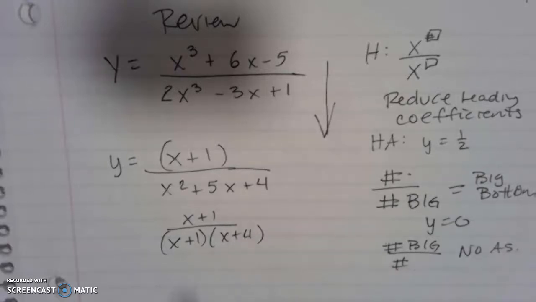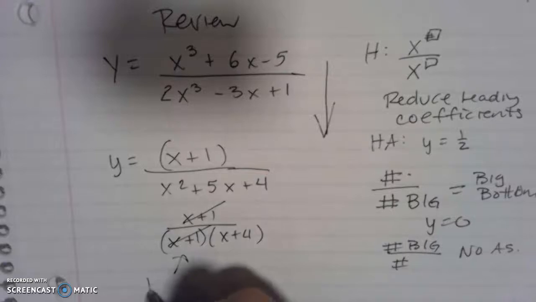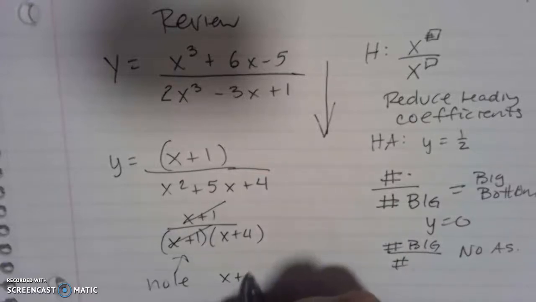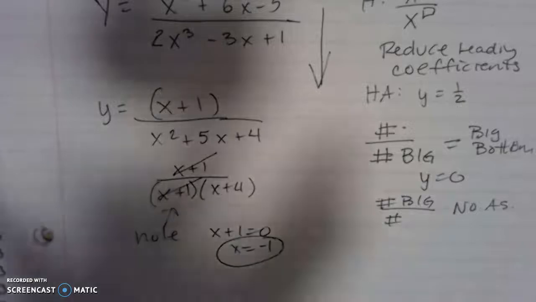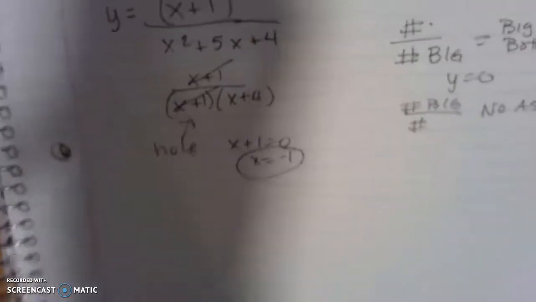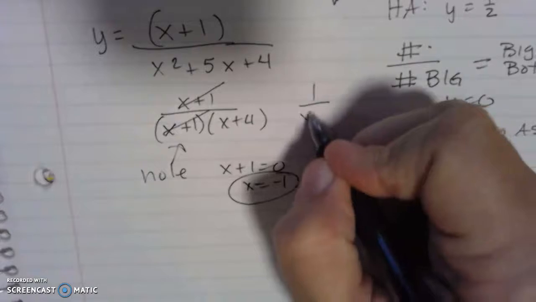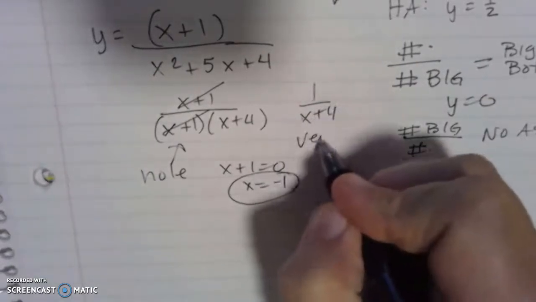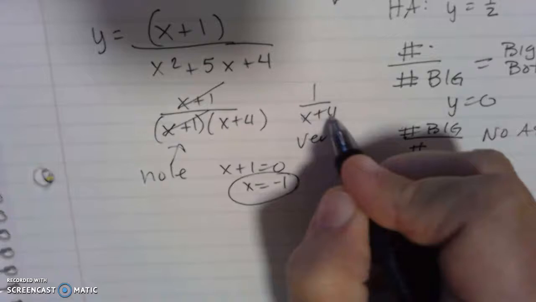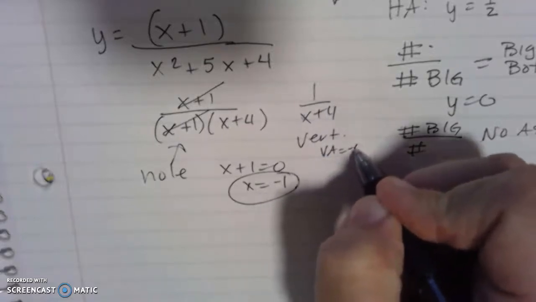I can factor that. The holes happen when you can cancel something out. This is where there's a hole. So x plus 1 equals 0, x equals -1. There's a hole at x equals -1. The vertical asymptote, however, would be where there's no hole, and the vertical asymptote here would be -4.